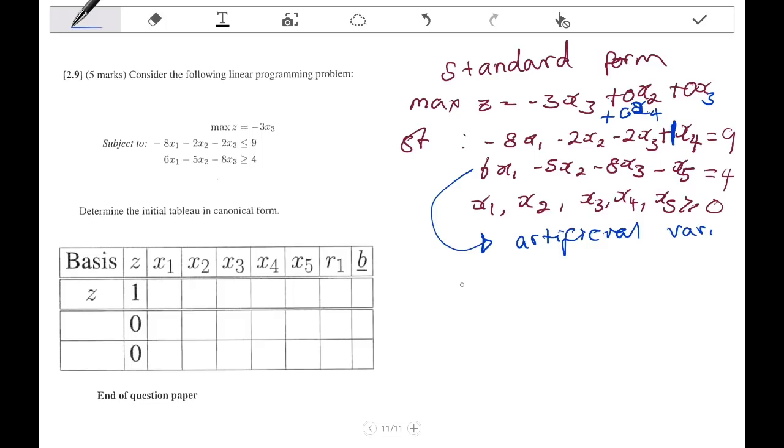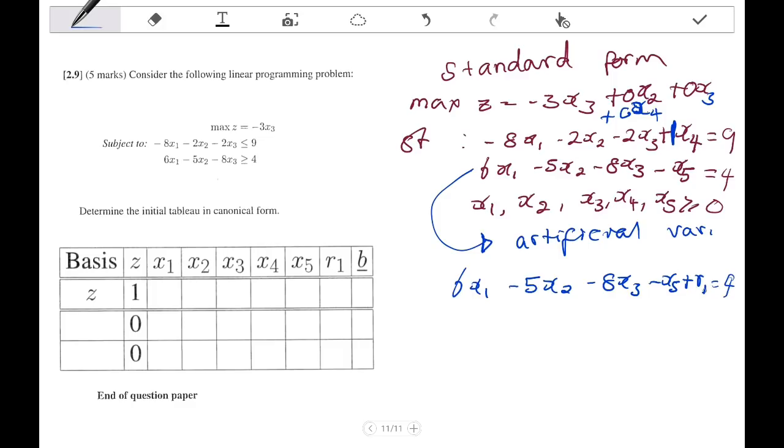The second constraint is going to be 6x1 minus 5x2 minus 8x3 minus x5, then add one variable, R1, which is called the artificial variable, equals 4.